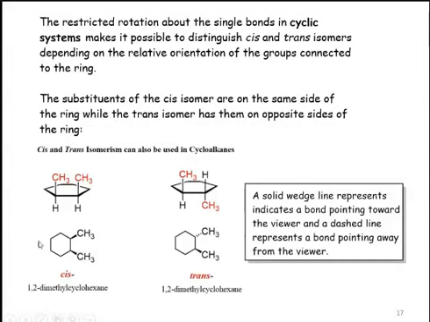That is, the earlier one is called cis orientation of 1,2-dimethylcyclohexane. Here also it is the same molecule, 1,2-dimethylcyclohexane. However, the difference is that this is the cis isomer, whereas this one is the trans isomer.